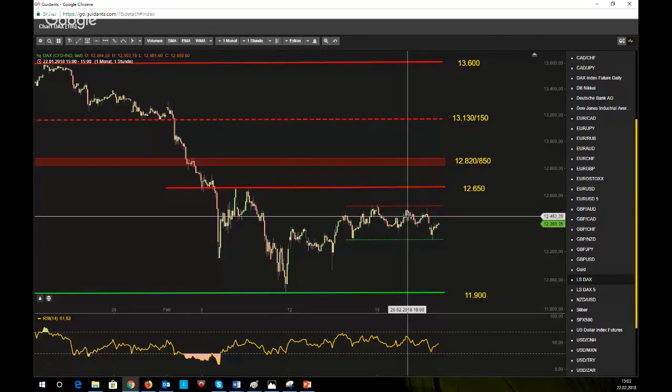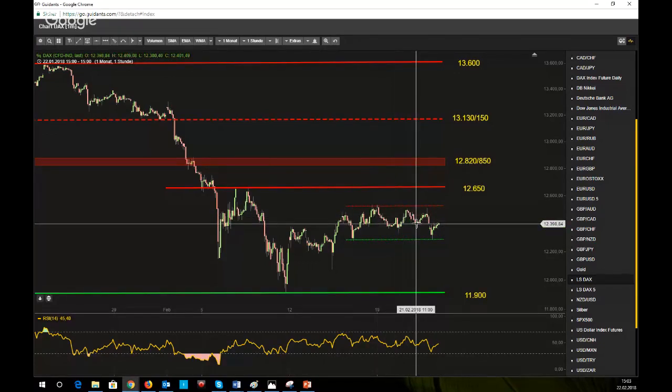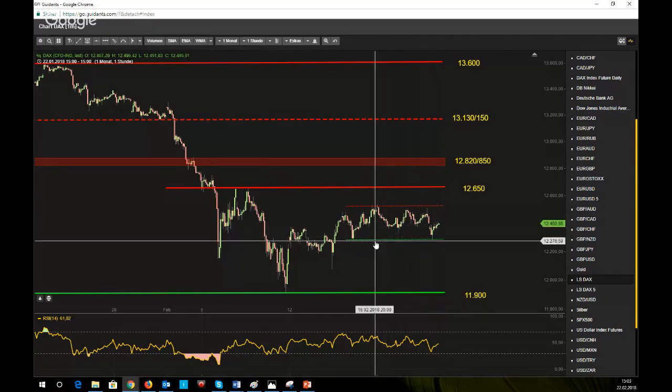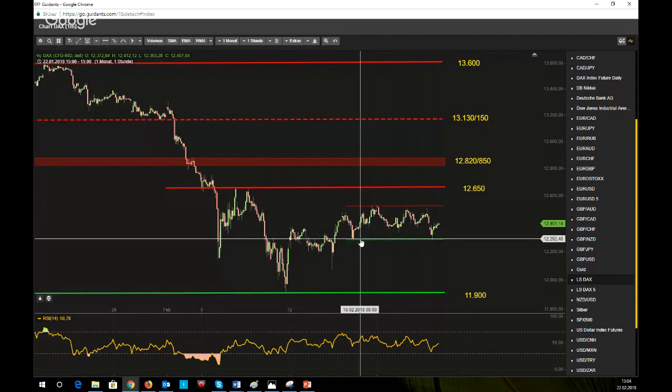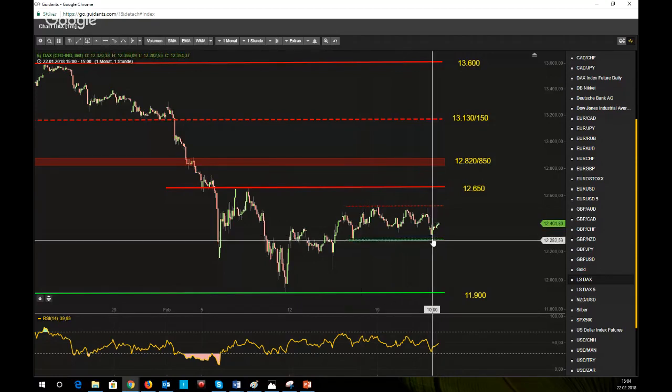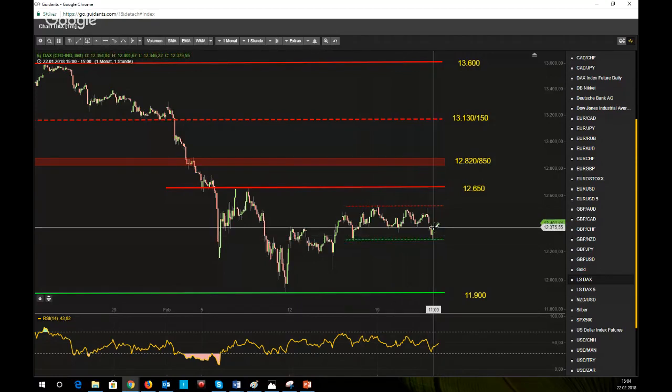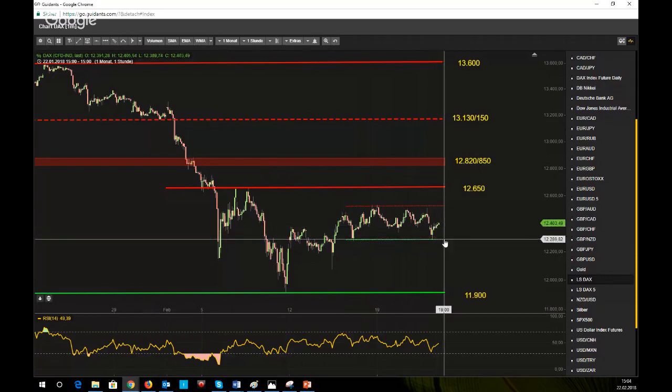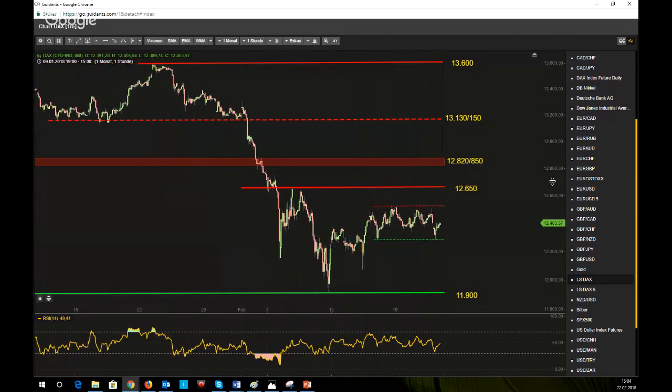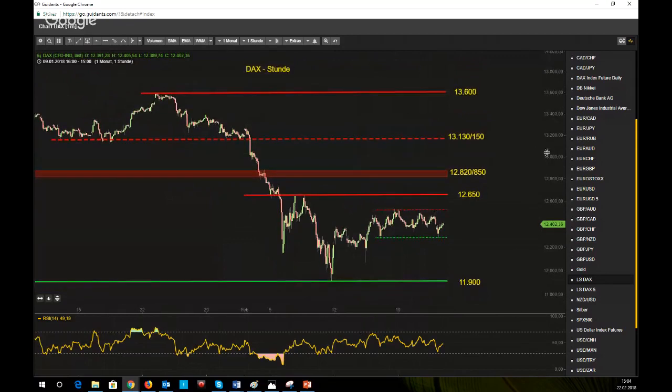And within that range, we should consider the overall price action to be choppy. The test of this region didn't come as a surprise, that the market was capable of stabilizing here. What comes as a surprise is the quite strong reaction. But again, I don't buy it. I really don't buy it. And I'm really excited to see what will be delivered from US equity markets.